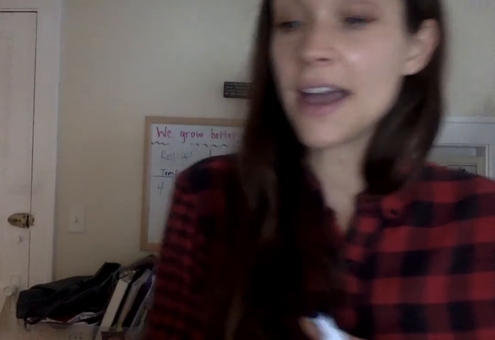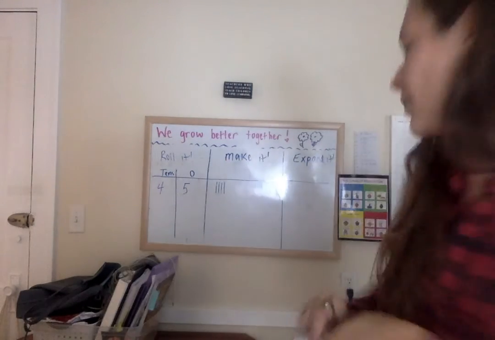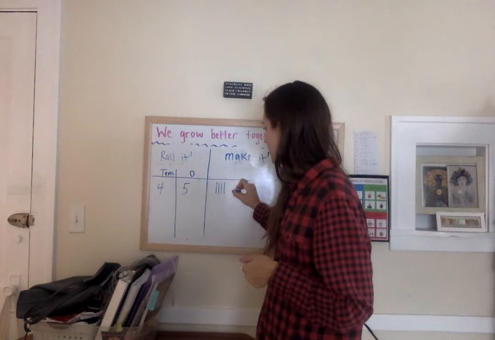There's 2. Is that enough? 3, 4, one more, 5. Okay, now I have 5 1s. And then when I draw my 1s, when I'm making it on here, I just do 5 dots.